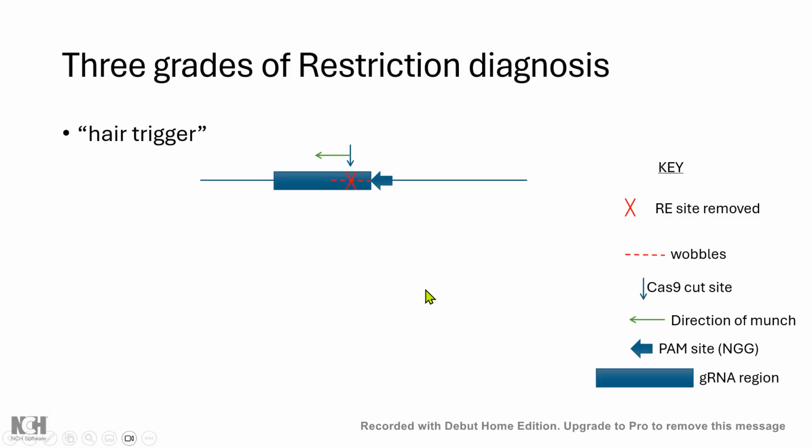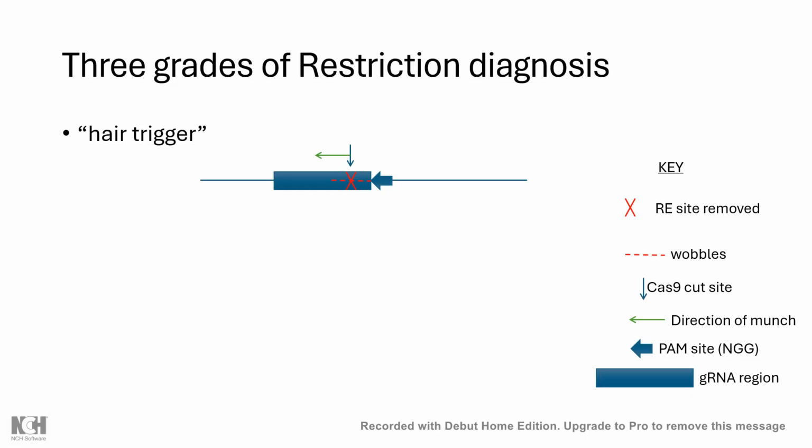But here is the problem: like I said in the previous slide, any base loss will suddenly disrupt this precious restriction site. So when you're doing your RFLP analysis, you will accidentally think, hey, I've got success, because the restriction enzyme site disappeared. That's why the introduction is so important if you're being more thorough.